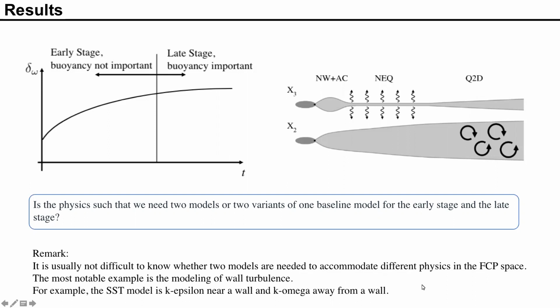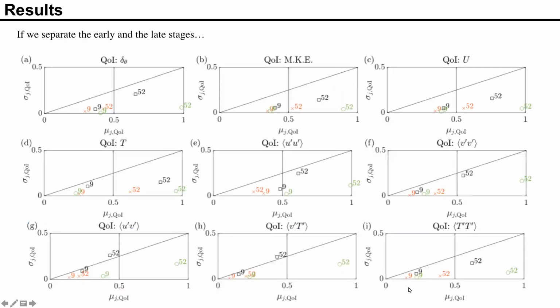Okay, to verify that this interpretation is actually correct, we're going to conduct the analysis for the early stage and the late stage separately. The results are shown here for two types of perturbations, 52 and 9, which are the two most effective perturbations. The square symbols show results where we apply the methodology for the entire flow controlling parameter space.